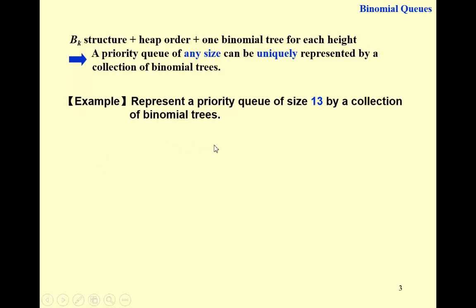And at any position k, the number of nodes must be 2 to the power k. So it's like writing 13 as the sum of some 2 to the power of something, right? Does it sound familiar to you? The binary numbers, right? It's like rewriting 13 in its binary form, right?